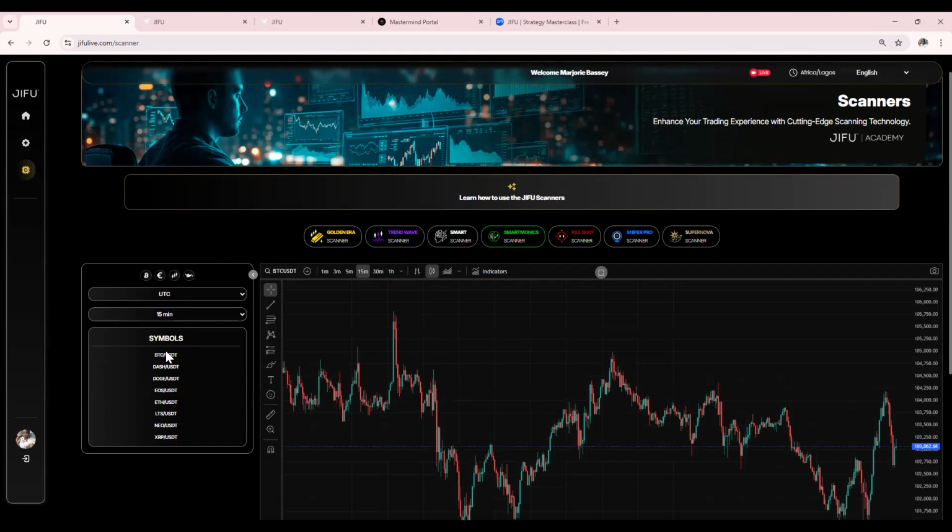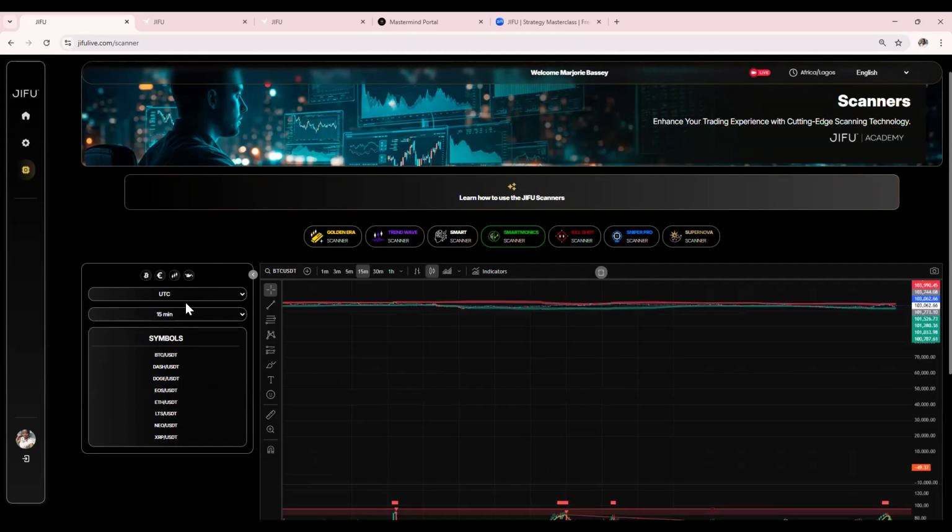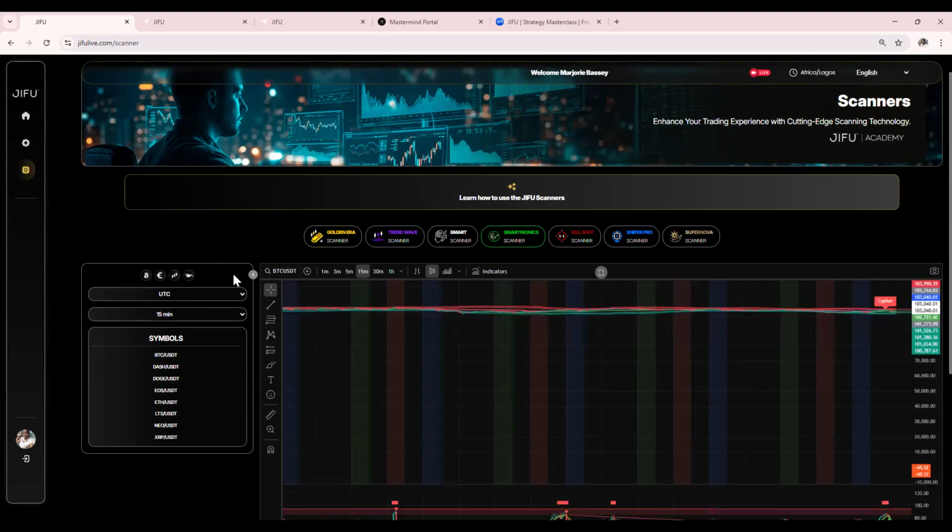On the left-hand side of this chart, you have all the instruments that are tradable in the market. You have the B symbol, Bitcoin. When you click on that, you're going to see all the crypto that are available on the JIFU scanners.